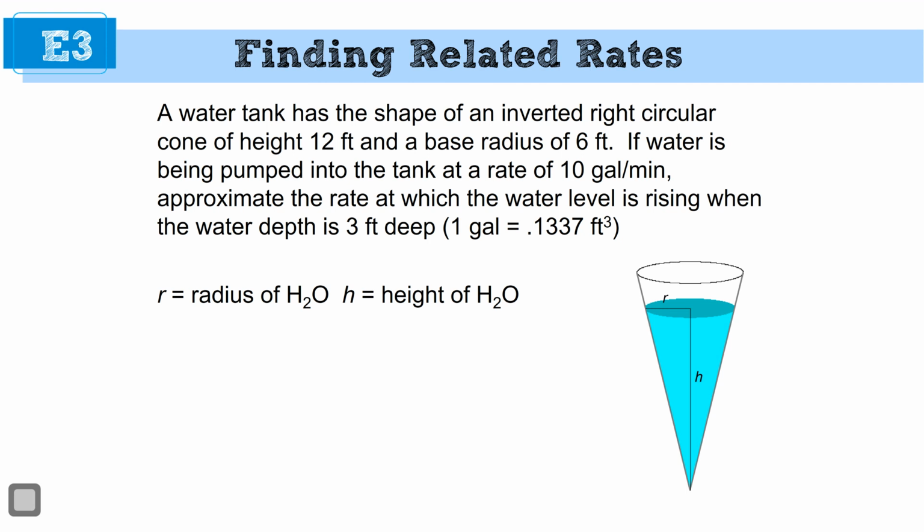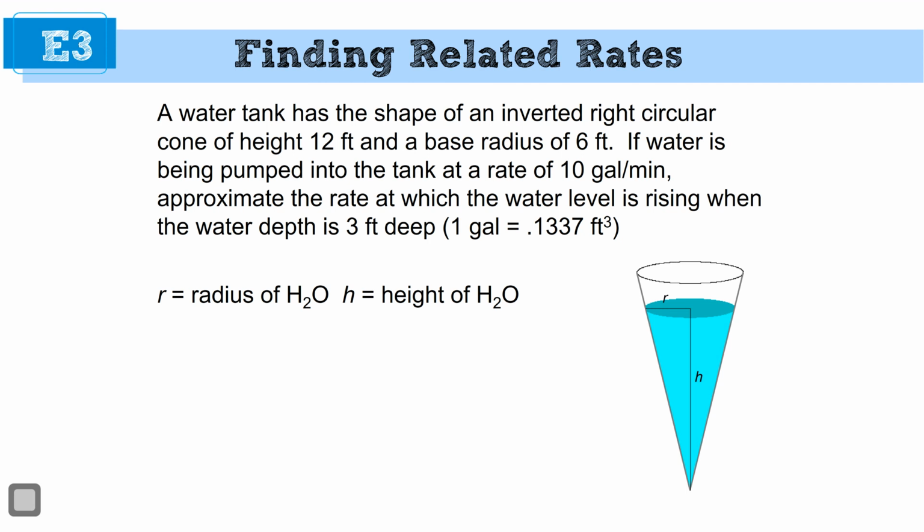How would you represent that mathematically? You're thinking too much. Okay, this 10 is what? dV dt. What am I looking for here? The rate at which the water level is rising. Height. dH dt, right.